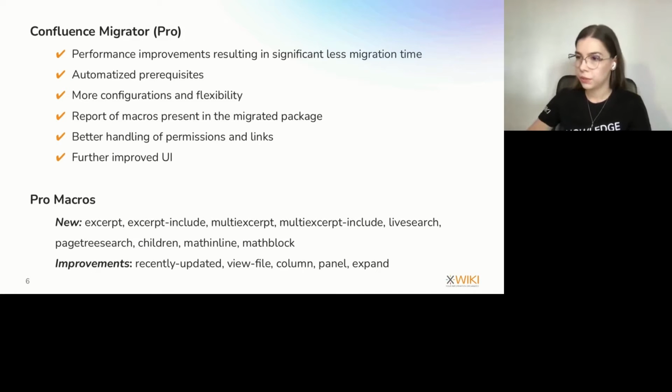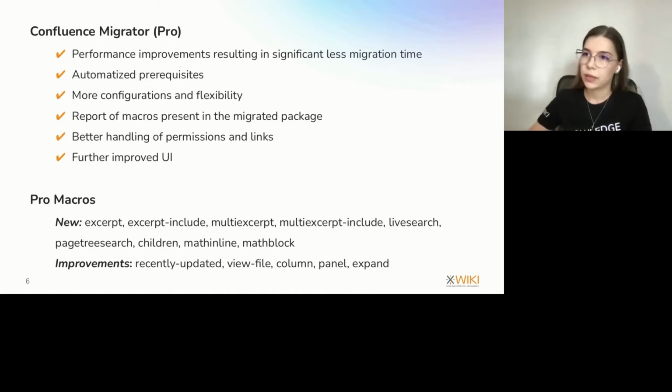Last year, we introduced our new migrator called Confluence Migrator Pro, which most importantly allowed you to import multiple spaces at once, and it was also much quicker than the tools that we had previously. And in the last months, we introduced significant performance improvements that result in less migration time.